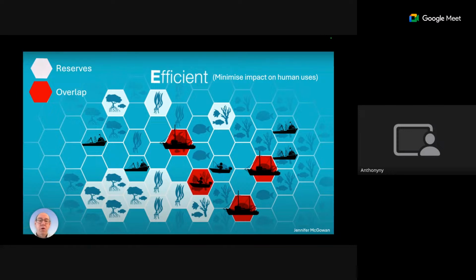And so the algorithm's going to try and find areas which can meet those biodiversity objectives, but don't overlap with the fishing. So we can see that some of those areas, we could move some of those marine protected areas. For instance, this one down here, this fish occurs up here, these biodiversity features occur here.